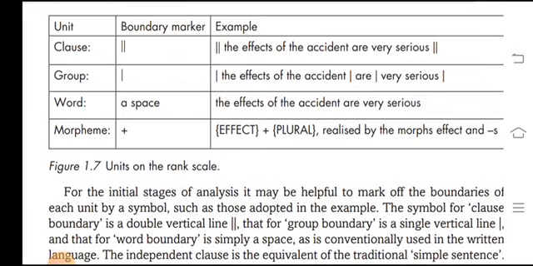The effect of the accident are very serious. The effect of the accident are very serious.